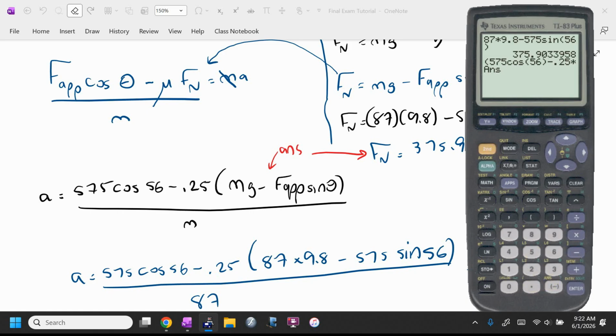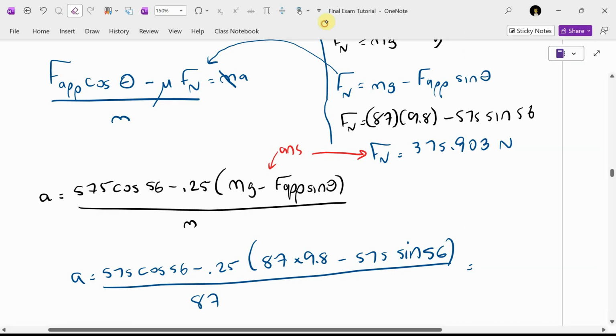So here's using my answer button method, close off the top, divided by 87. I get 2.6156. If I did it just typing everything in, 575 cos 56 minus 0.25 bracket 87 times 9.8 minus 575 sine 56. Close off the trig, close off the mini bracket, close off the top, divided by 87, and I sure hope I get the same. I do. 2.62 meters per second squared.